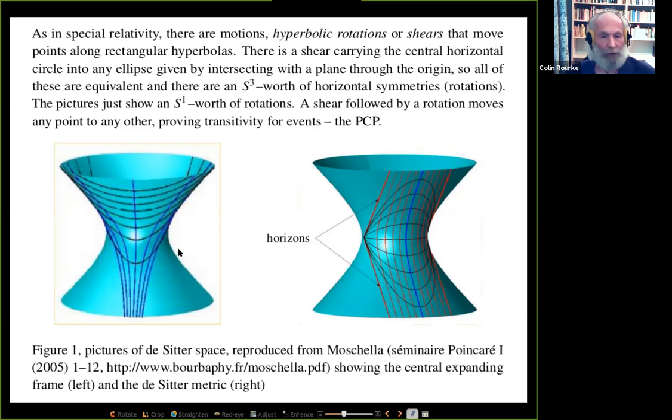And then of course you've got the horizontal rotations using the symmetry of the 3-sphere. In this picture you've got one sphere, but you can rotate. So you've got one set of rotations. If you know the Lorentz group, they're like boosts, the velocity motions, and these are the rotation motions. Okay, so let's go on.